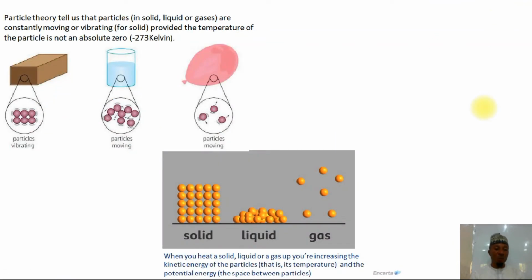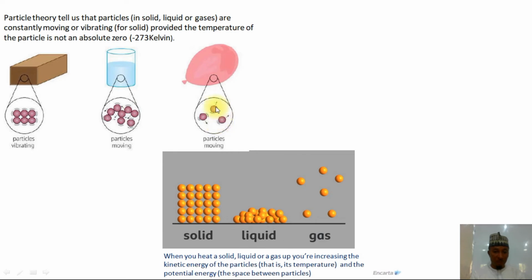Now, from particle theory, we know that nothing remains fixed except at absolute zero. All matter vibrates or moves in one way or the other. For instance, in a solid, the particles tend to vibrate about a position. In a liquid, the particles tend to slide over each other.